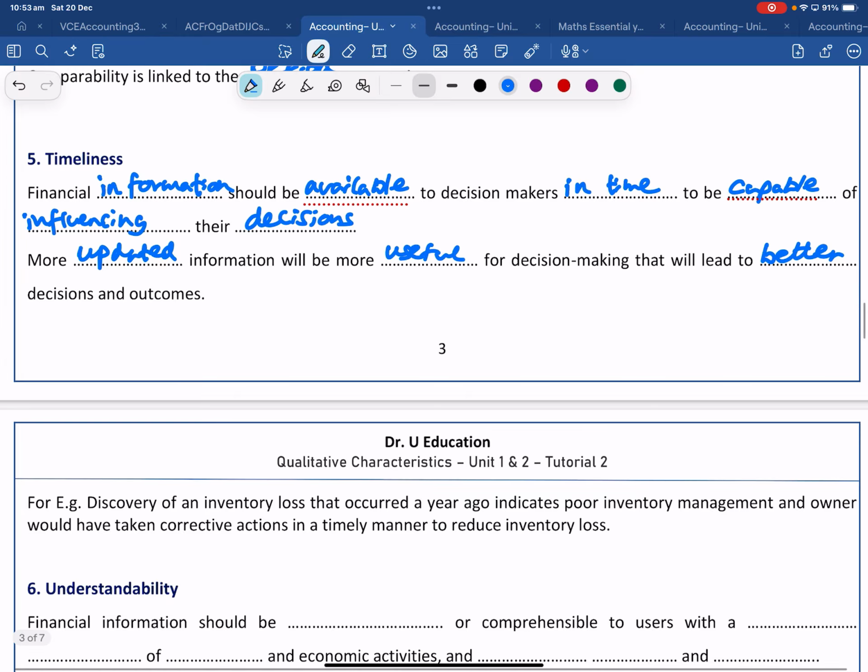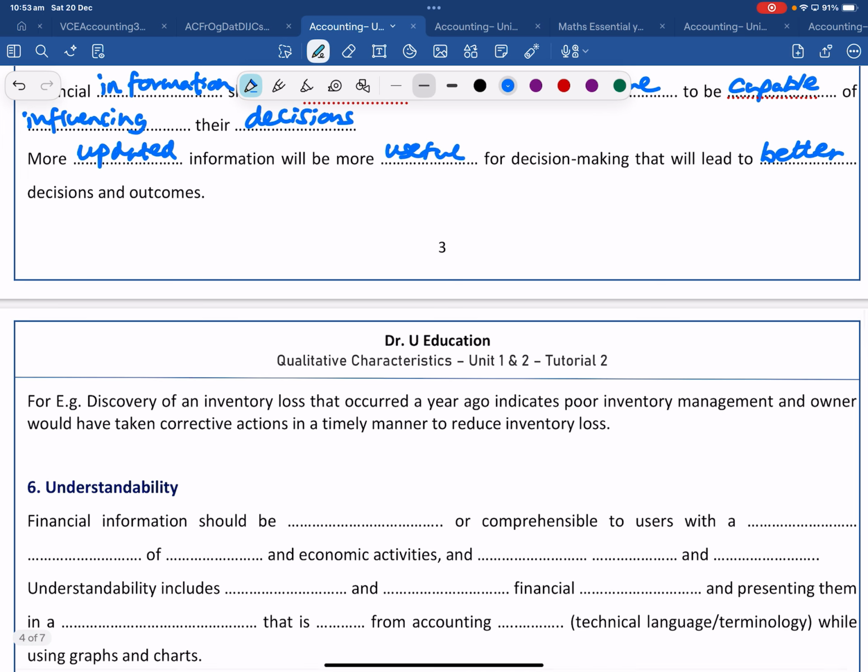Same thing. Now I have given an example: discovery of an inventory loss. Inventory loss means inventory being damaged, so that inventory has been thrown into the bin because it can't be used. Maybe it was expired, if it is food. An inventory loss that occurred a year ago indicates poor inventory management, and the owner would have taken corrective actions in a timely manner to reduce inventory loss.